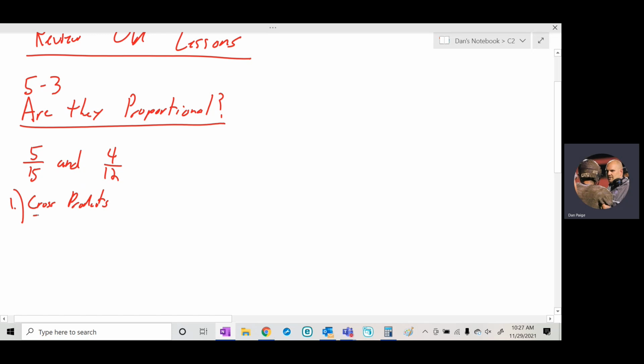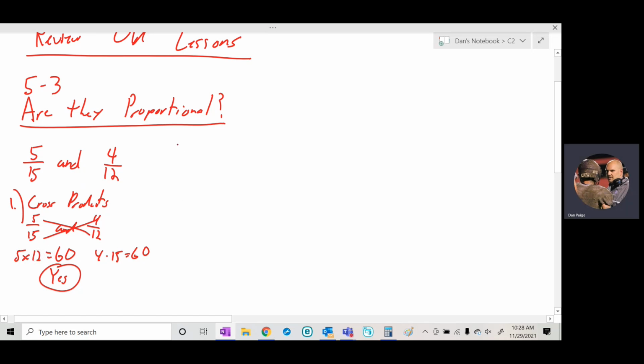With cross products, it would be 5 times 12, which is 60, and then 4 times 15, which also equals 60. So the answer to are they proportional is yes. With cross products, if they multiply to different numbers, then it's no.